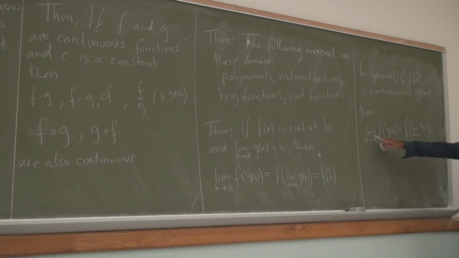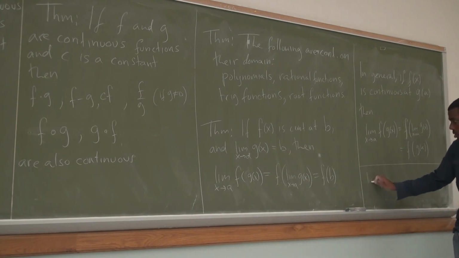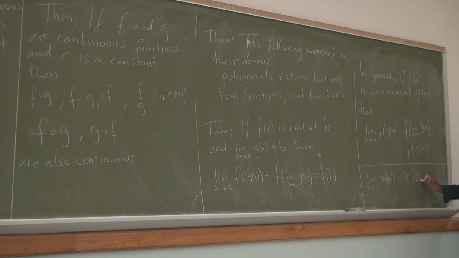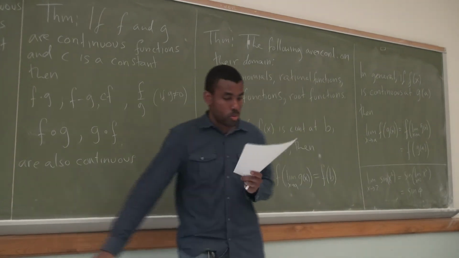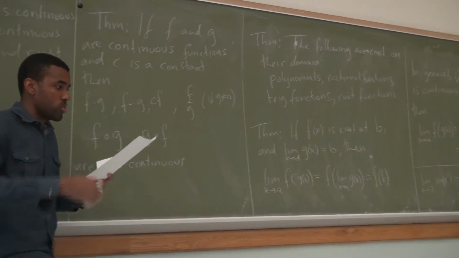It's one of those things that you can actually move limits inside continuous functions. So for example, if you wanted to figure out the limit as x approaches 2 of sine of x squared, it turns out because sine is continuous, you can think of this as sine of the limit as x approaches 2 of x squared, which is just sine of 4. Like limits can move themselves inside and outside of a continuous function. That works only for continuous functions. There are other functions for which it does not work.